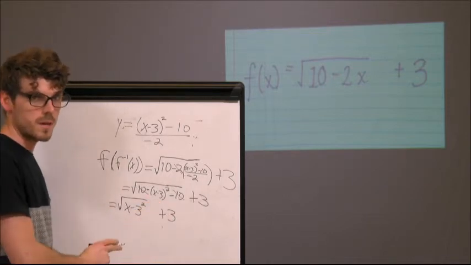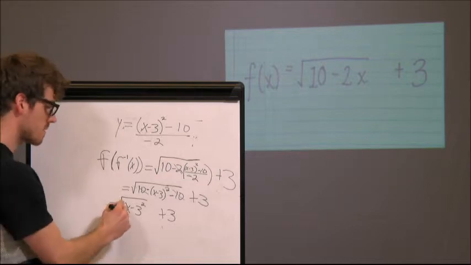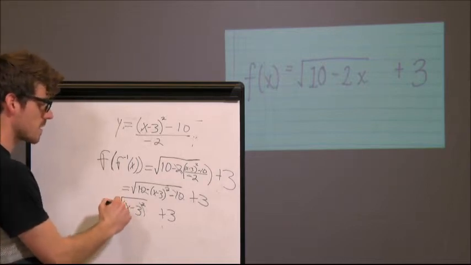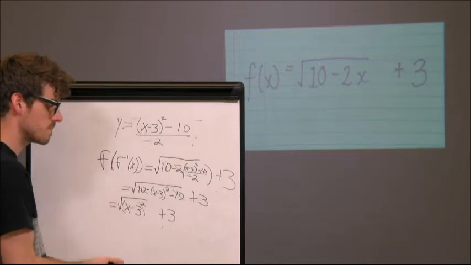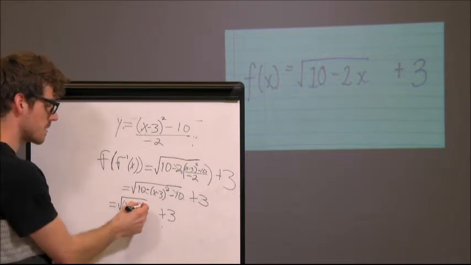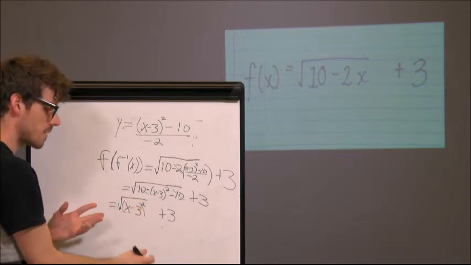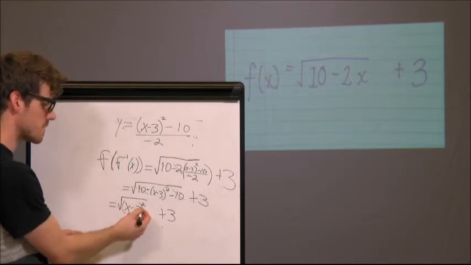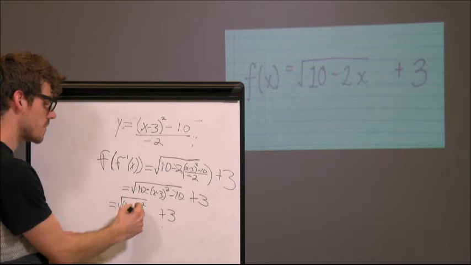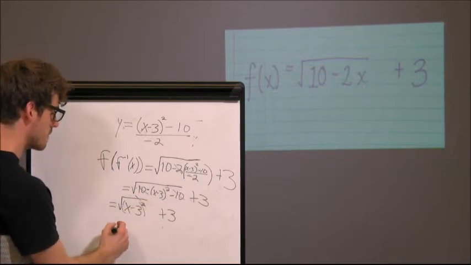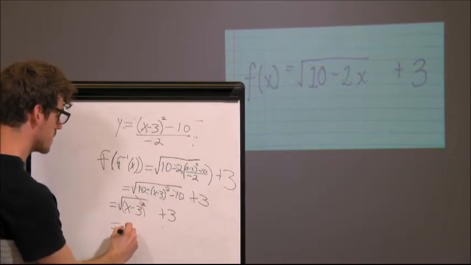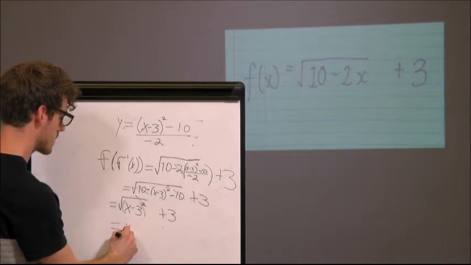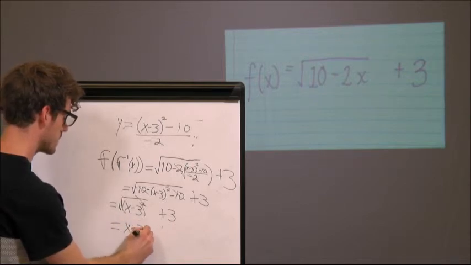Since we have an (x minus 3) squared under the radical, we can go ahead and cancel that out. Since that radical is just taking the square root of this number, and this number itself is already squared by 2, we can just cancel that out, meaning that we would end up with x minus 3 plus 3.